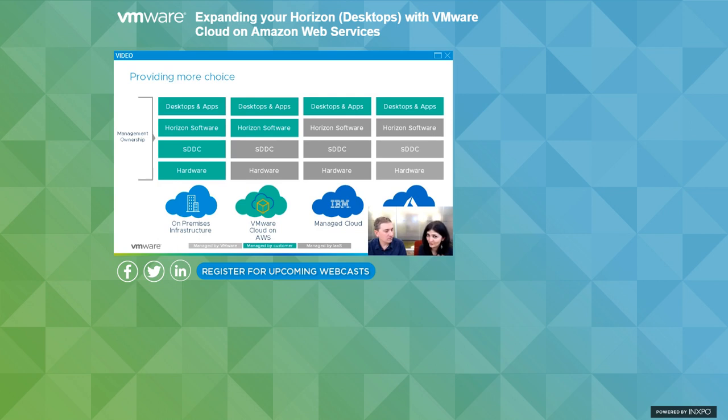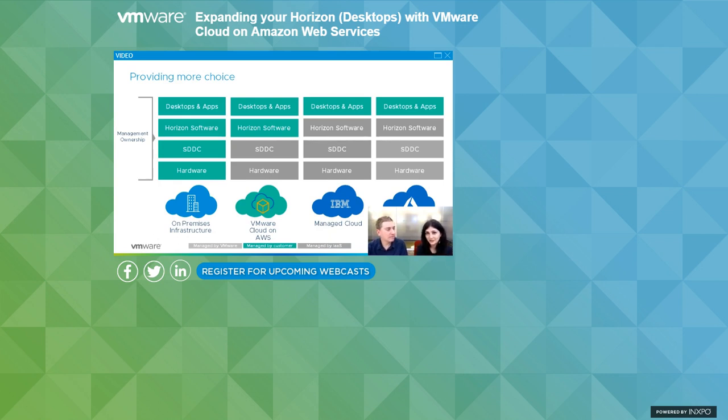But in the cloud world, there are a lot of other options that you can consider. And so the second column, which is what we're discussing today, is where you have Horizon desktops and apps on VMware Cloud on AWS, where two layers are essentially outsourced to VMware and AWS. Between us, we take care of that for you.